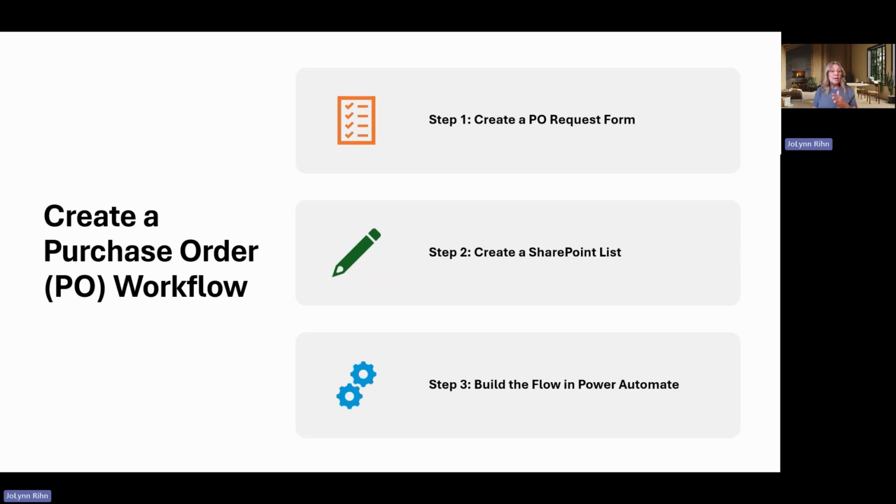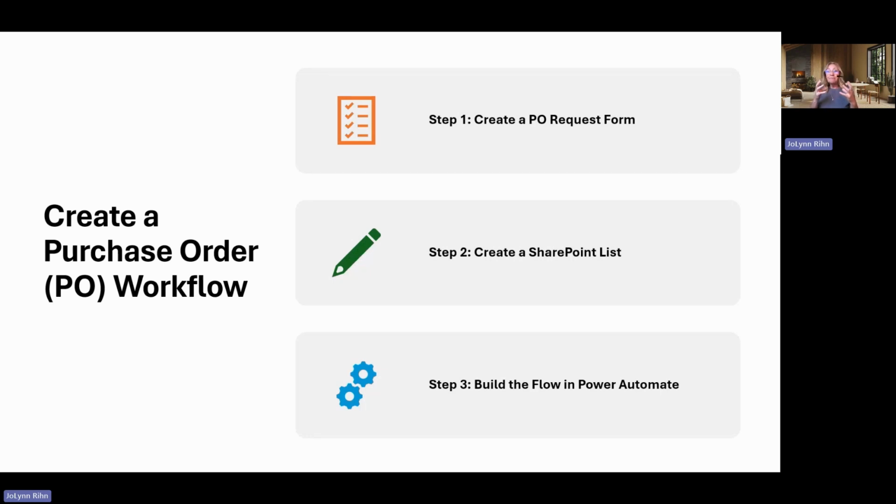We could set this up to be an email. So let's say somebody emails you a PO. You could set up the workflow to say, if I receive an email to this email account, because you could have a separate email account just for POs or just for accounting, and if it has the content in the subject of PO or in the body of the message, wherever, it can look for those types of things.